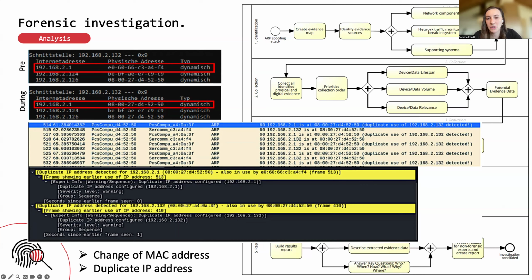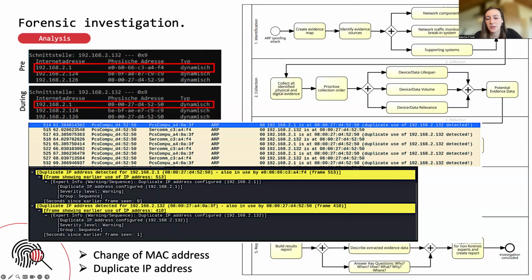Additionally, the ARP tables show, with the headers, various information. In the header, there are two yellow colored lines, indicating two MAC addresses for the same IP address in two cases. From the identification phase, we know the broker's IP address.